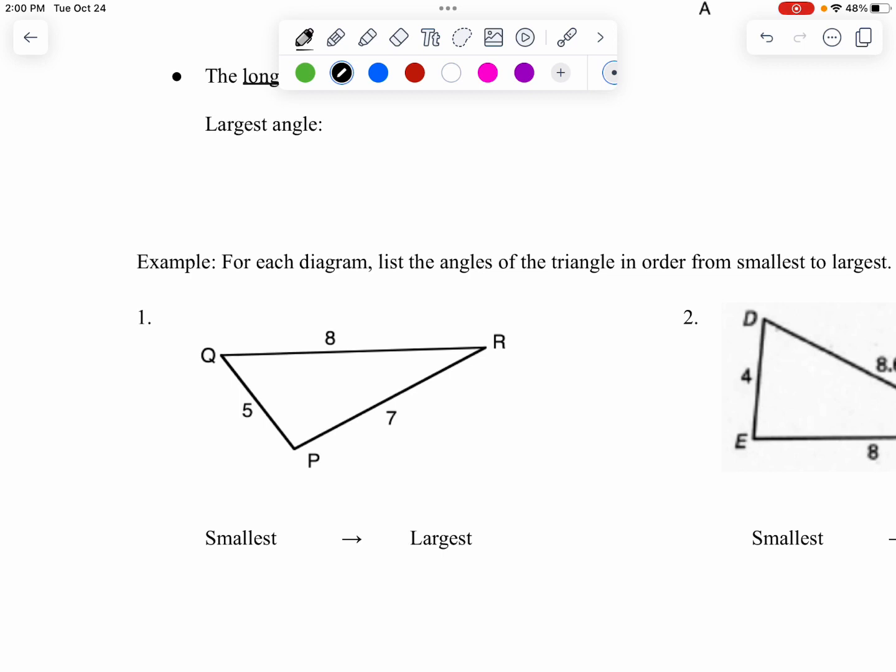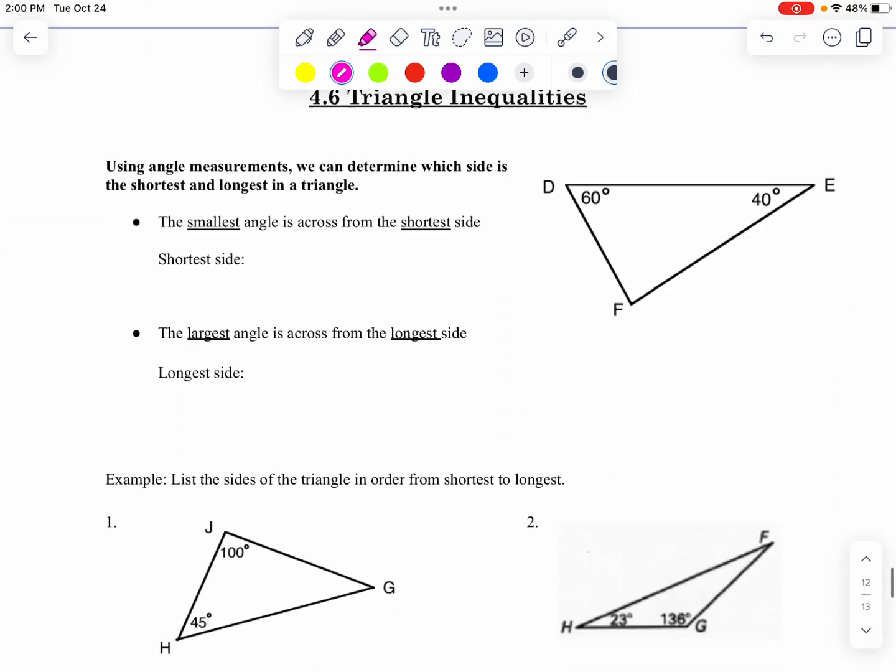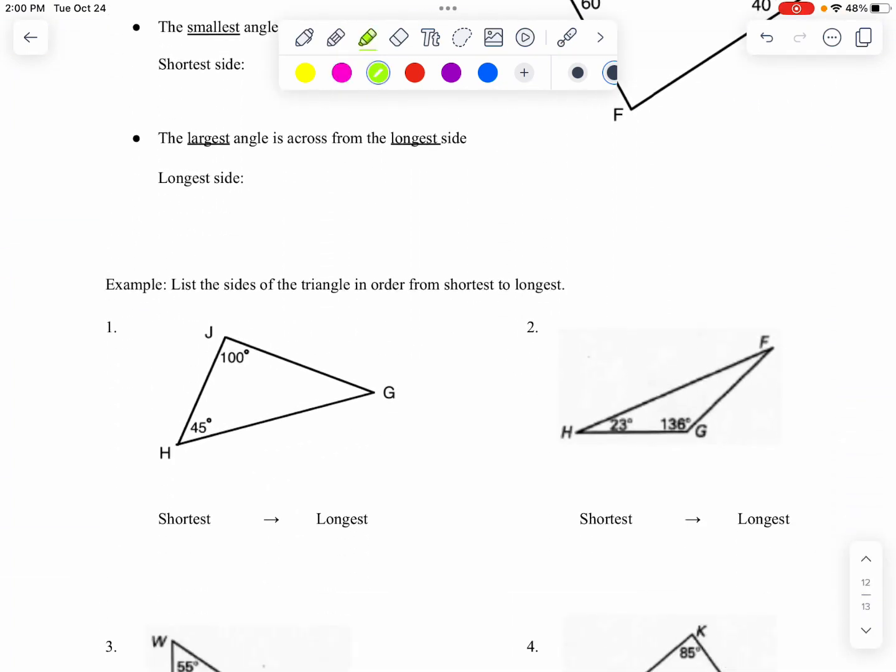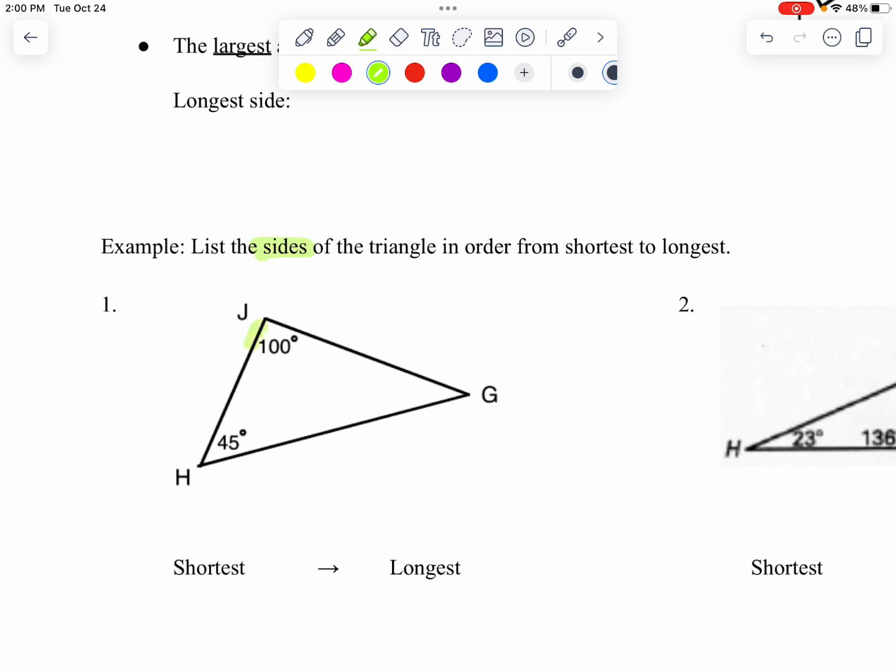I also need you to really pay close attention to when I ask you for an angle. Your answer is this point or this point or this point, okay? On the back, I'm going to ask you about sides. There's a big difference here when I ask you about sides. Some of us keep getting these mixed up. A side, one of your options is JH, another option is JG, another option is HG.